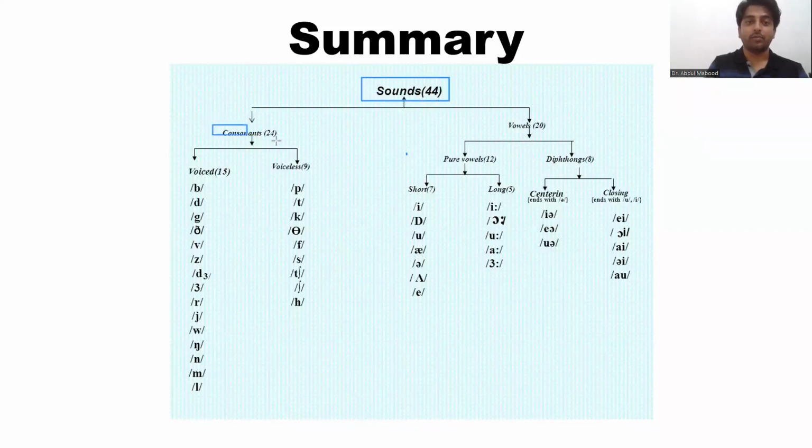Fine. 24 consonant sounds and 20 vowel sounds. Now in consonant sounds, 15 are voiced, that means having vibration, and 9 are voiceless. Now in vowels, 12 are monophthongs or pure vowels and 8 are diphthongs.